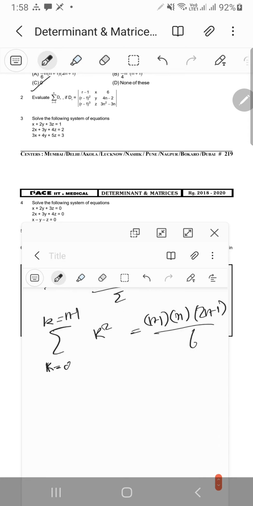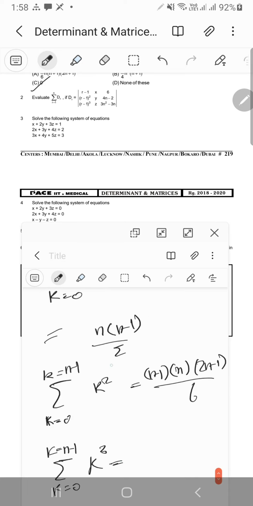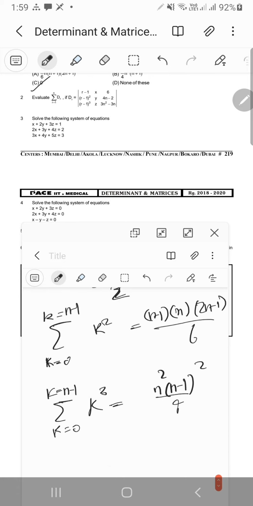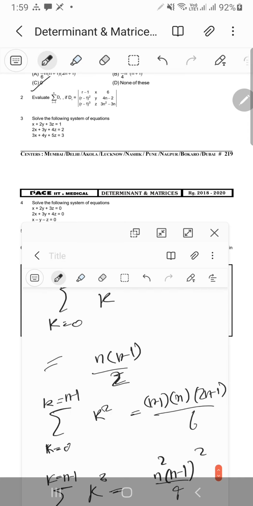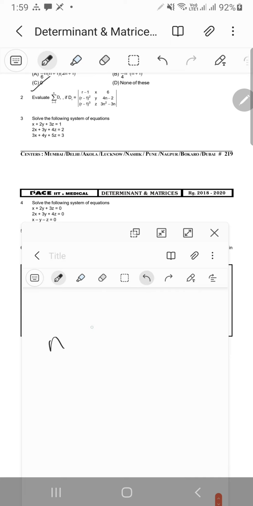All of these will have that n over there, so we can just take that n out. And the third one, from k equal to 0 to k equal to n minus 1 of k cubed, that will just be the square of this thing, so n into n minus 1 upon 2 whole squared, so upon 4. Yes, that's correct. So just take n into n minus 1 out.